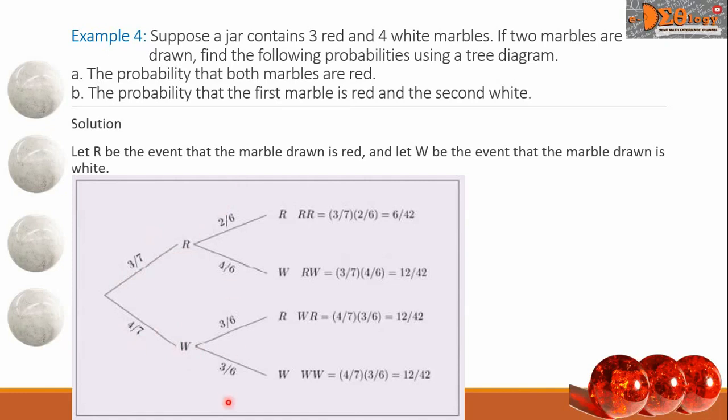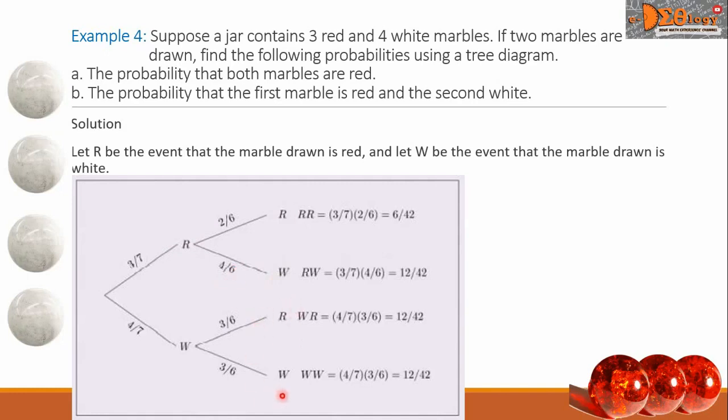The next branches represent the second draw. From the R here, there are 2 branches, and this branch represents drawing another red, and the probability is 2 over 6. This W is the event of drawing a white marble, and the probability is 4 over 6.